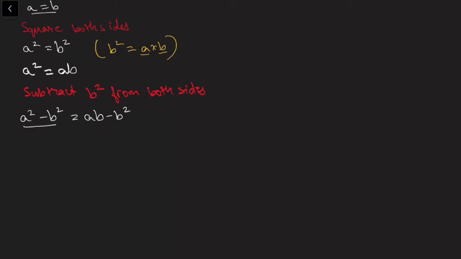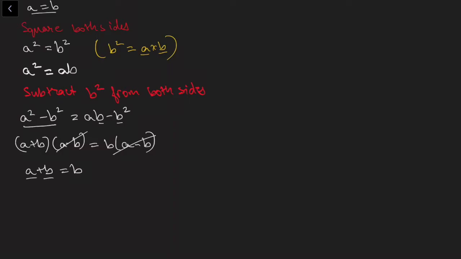And now if you know the identity that a square minus b square is equal to a plus b into a minus b, we can use that. So a plus b into a minus b is equal to, let's take b common, b into bracket of a minus b. Now let's cut a minus b and a minus b. Then you're going to get a plus b is equal to b.